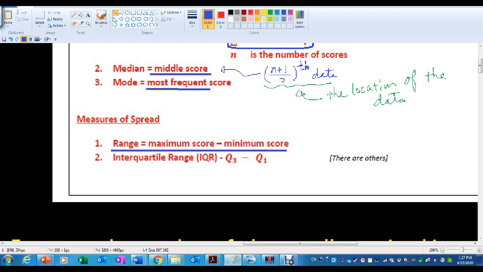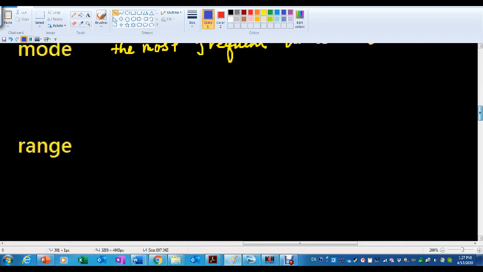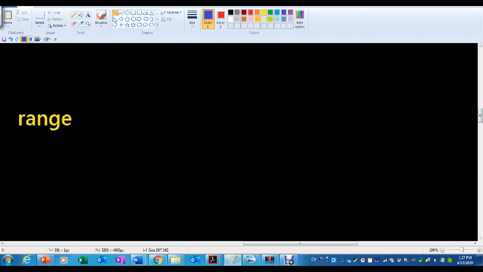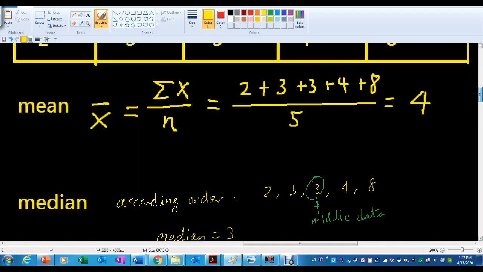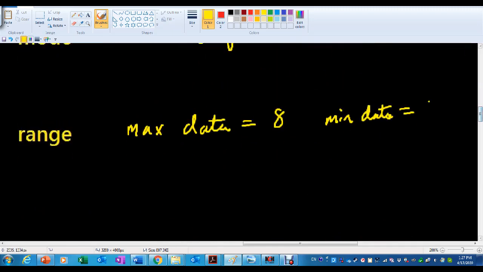Okay, so the definition of range is quite simple. Just use maximum data minus minimum data, right? Of course there are others, but we only learned a few of them. So how could we find the range in this case? Can we locate the maximum data? Our maximum data should be 8, and your minimum data is 2.